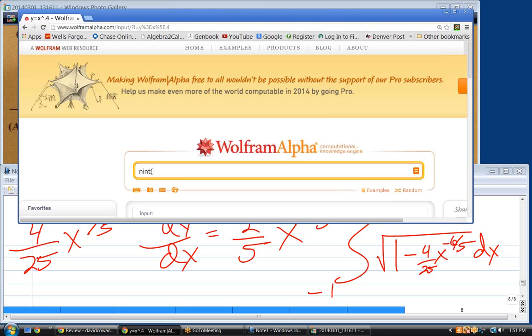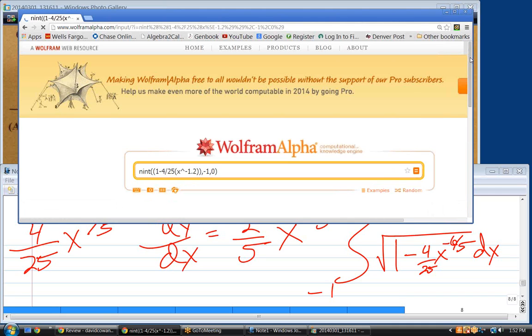Okay, so we're going to take the NINT of 1 minus 4 divided by 25 times x raised to the minus 1.2, comma minus 1 comma 0. Let's see what it thinks I wrote there.